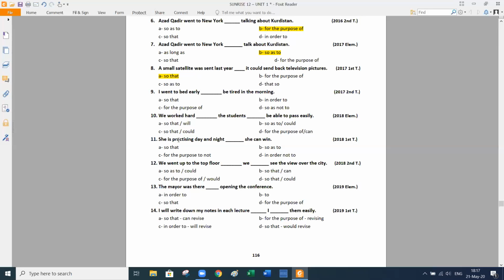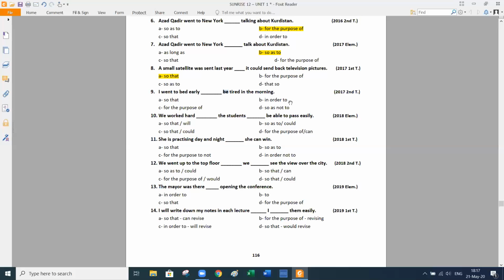Number 9, I went to bed early. So I look at the verb form again. Be tired. Be is verb 1. So I need to look for a choice that has a correct structure that uses verb 1. So that, no, because after so that I need a subject and a modal verb.